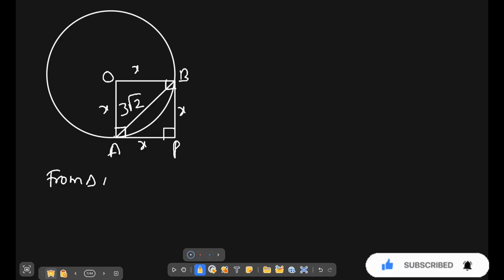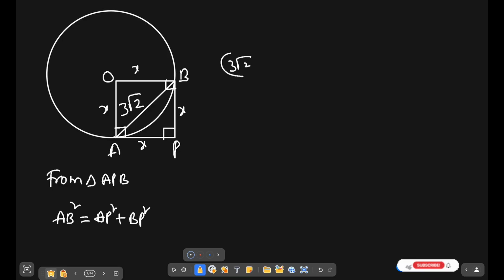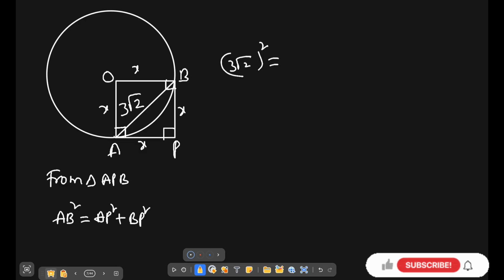Square of hypotenuse AB squared is equal to AP squared plus BP squared. Here AB is 3 root 2, so 3 root 2 whole squared is equal to AP squared, which is x squared, plus BP squared, also x squared.